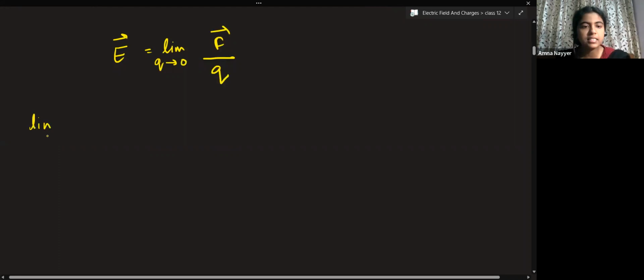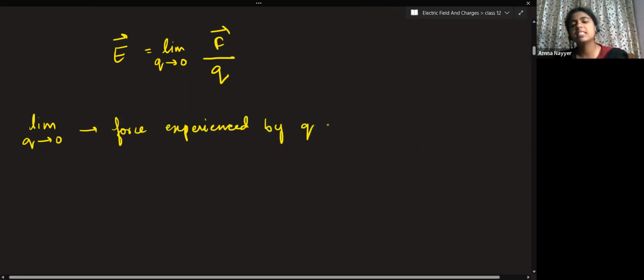When any quantity tends to 0, this shows that the force experienced by this charge small q is negligible.